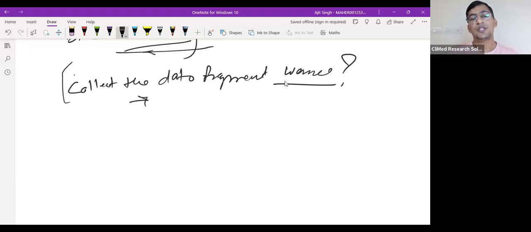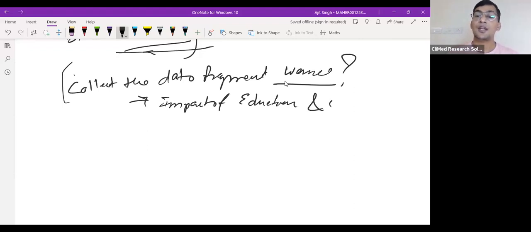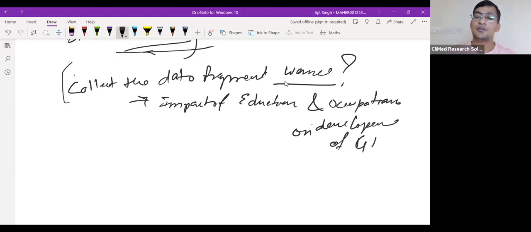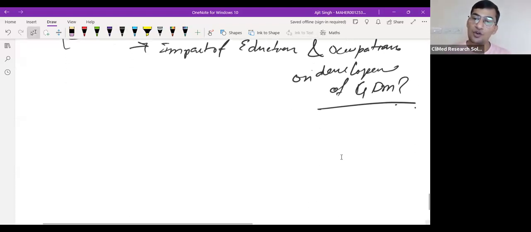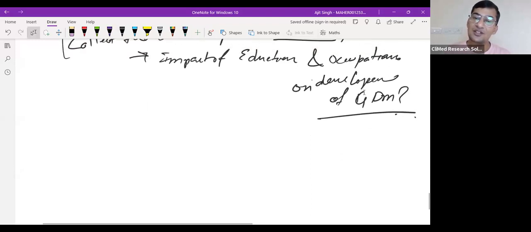I want to see the impact of education and occupation on the development of GDM, impact of education, social factors and occupation on the development of gestational diabetes.